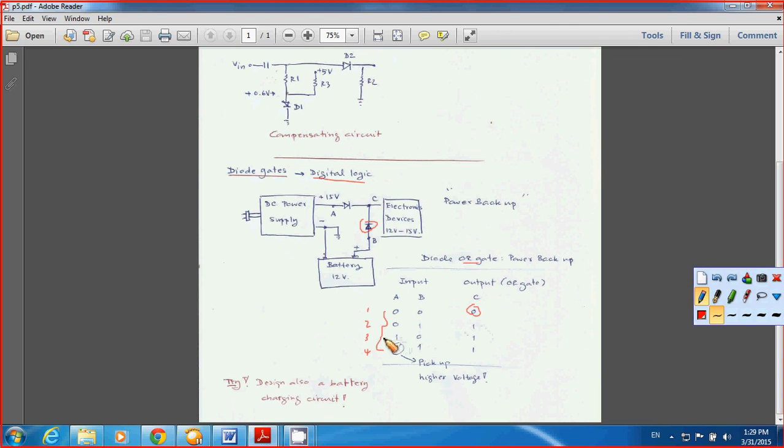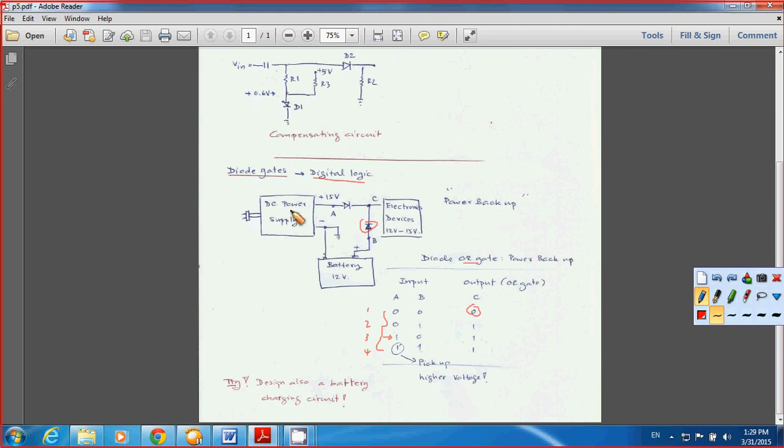Now for the case where you have a supply voltage at A to be 1, that means you have the supply voltage, so the diode starts to conduct, and you have supply voltage to your electronic devices, and that's why you have the output C become 1.